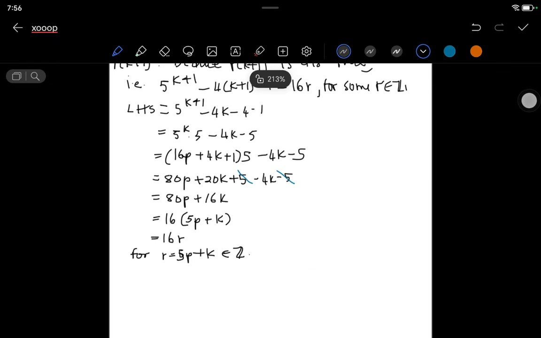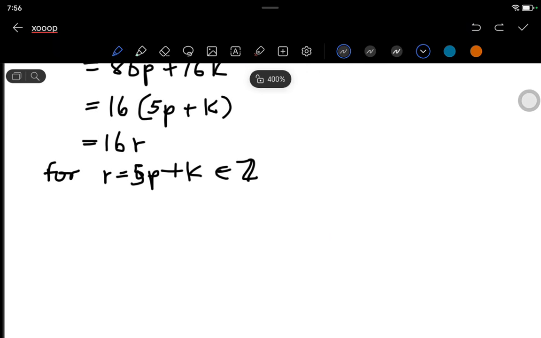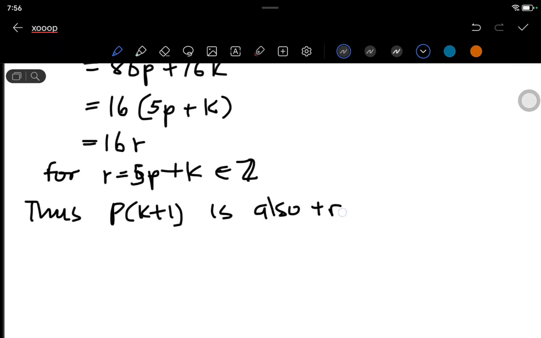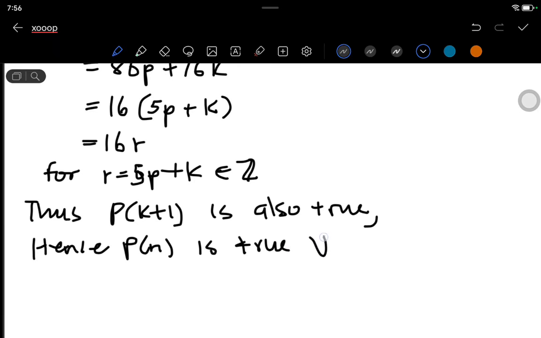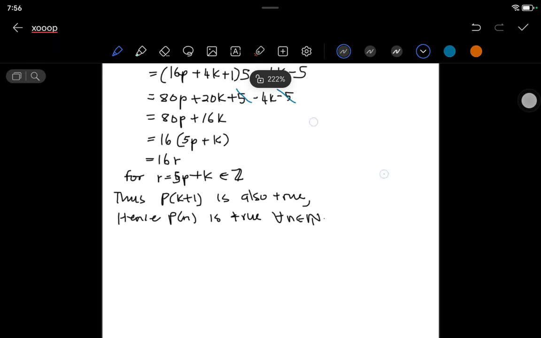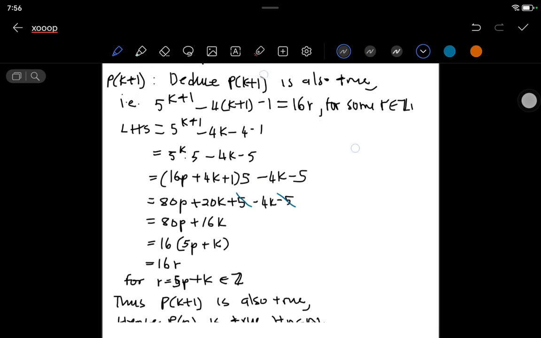And indeed we found that this is equal to 16r, which proves the right hand side. Then we deduce that P of k plus 1 is also true. Then we say hence P of n is true. Our condition there was for all n element of a natural number. So this conclusion is very important; you should keep it in mind.